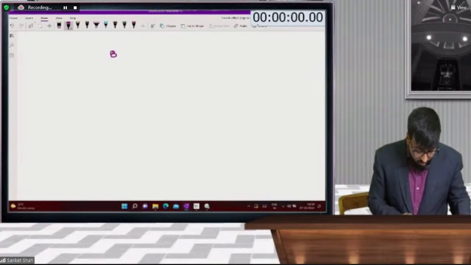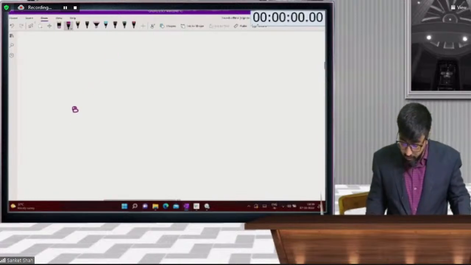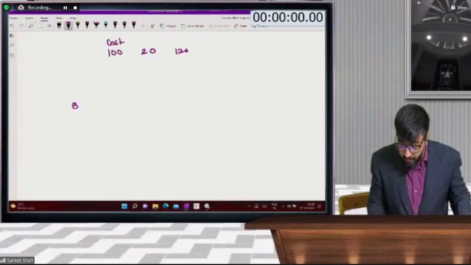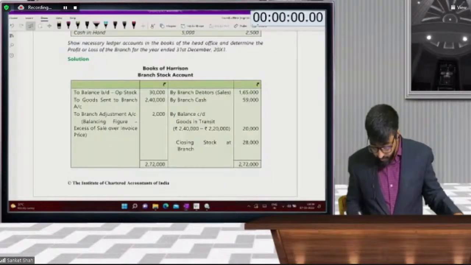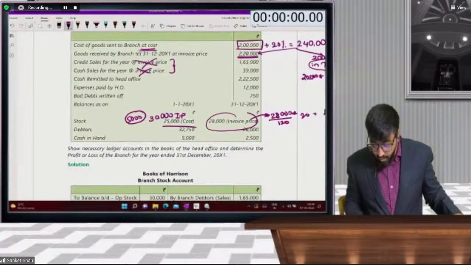Beta, loading calculation is very easy, Mohit bhai. Mohit bhai, 100, 20, 120. On cost it is 20%, so you will assume 100 as cost. We already covered it. And now what is given in the question, beta? What is given in the question? That 28,000 is invoice price.